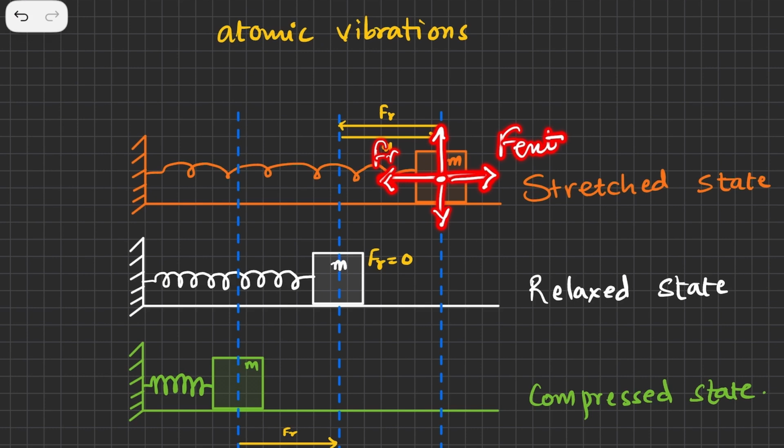But as soon as I release my external force, normal is balanced by gravity, Fg is gravity, normal is upward. So the block is not moving up and down, but because of this restoring force, the block is going to come back. That's why I have pointed here, the restoring force is acting to the left.